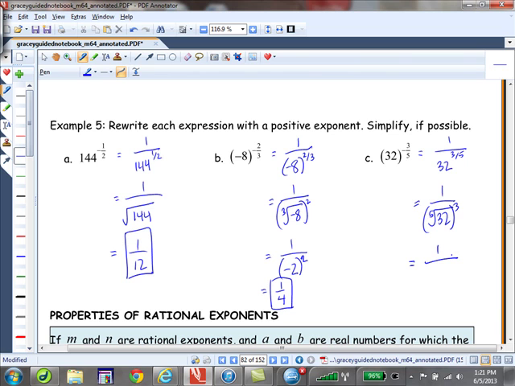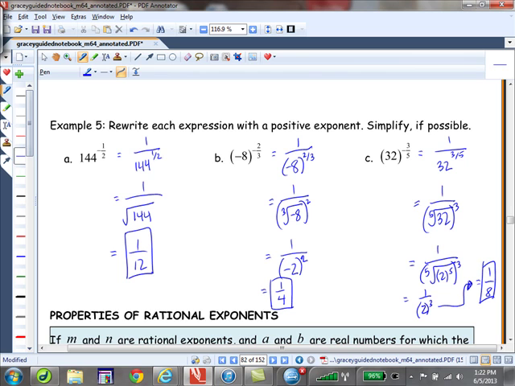So we will have the 5th root of 2 to the 5th, and then that will be cubed. So we'll get 1 over 2 cubed, which is 1/8.